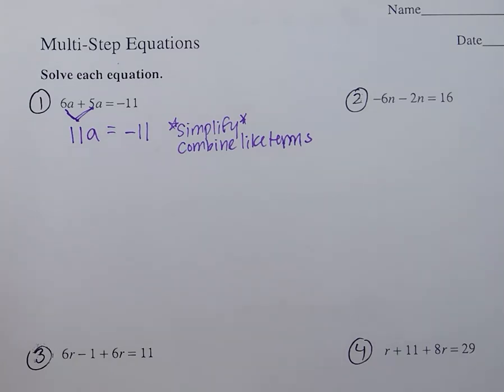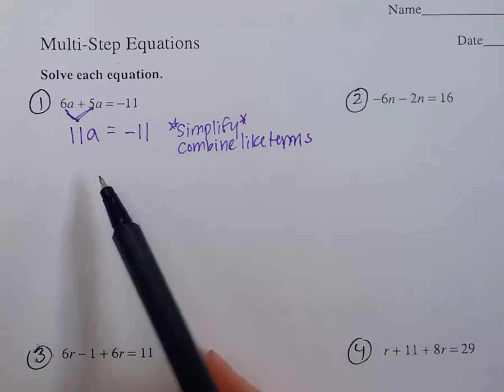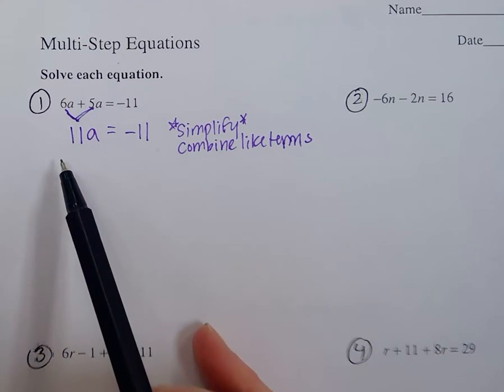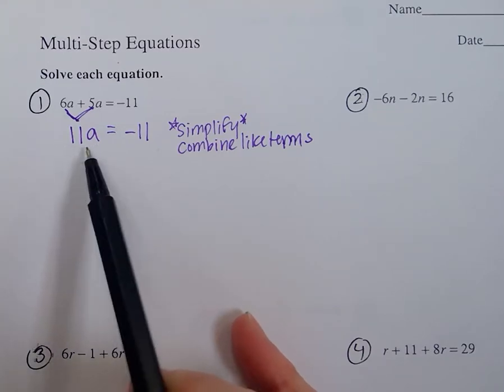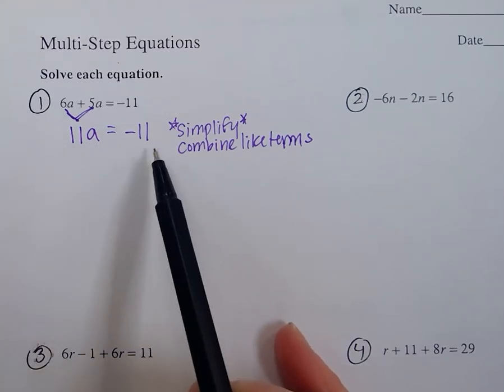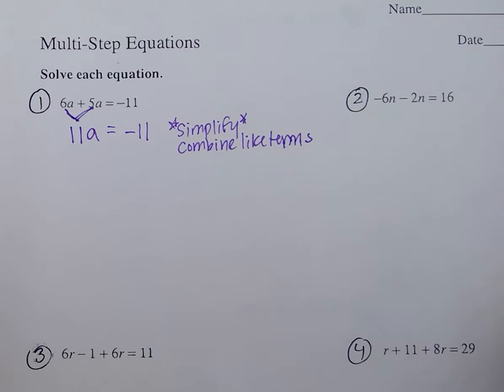So the second step is, do I have all of my variables on one side and my numbers on the other? And I do. I have all A's on the left and all numbers on the right. So once we have everything separated, variables on one side, numbers, or constants, on the other, that's when we start breaking up into groups.